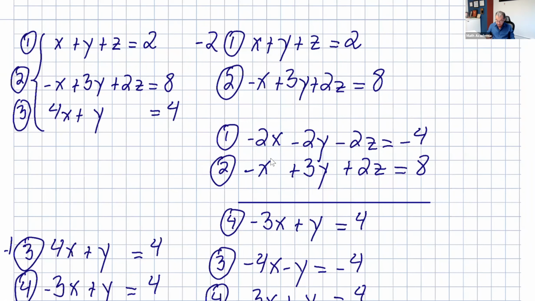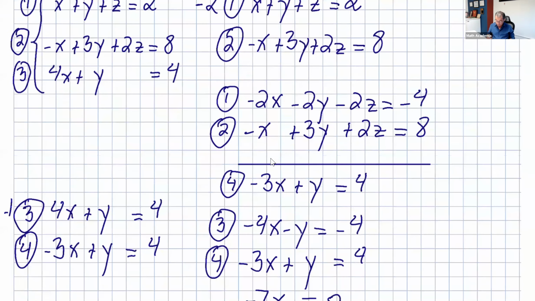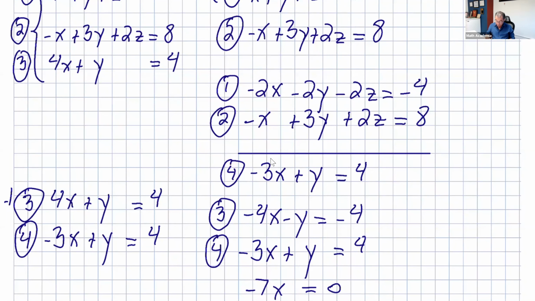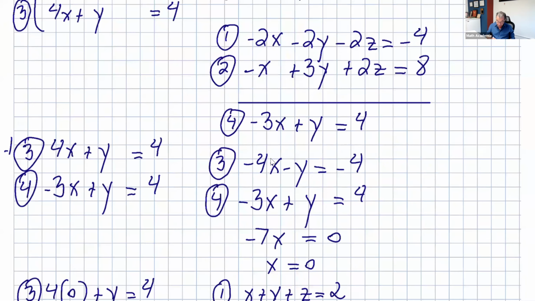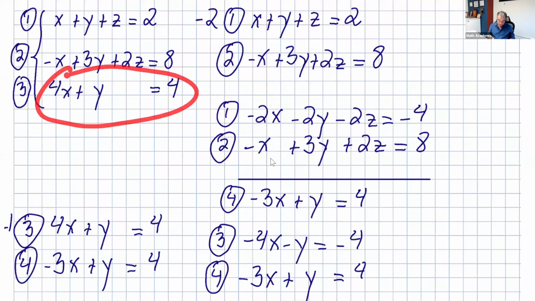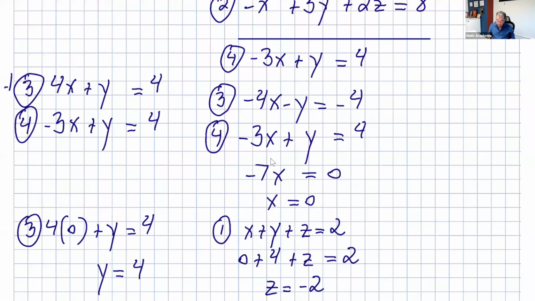If you multiply the first one by -2, you get -2x minus 2y minus 2z, and number 2 stays the same, -x plus 3y plus 2z equals 8. If you add them, you have -2x minus x is -3x, and -2y plus 3y is just y, and you're left with 4. We can call this number 4, and put 3 and 4 together, 3 from the original equations and 4 the one that we found.